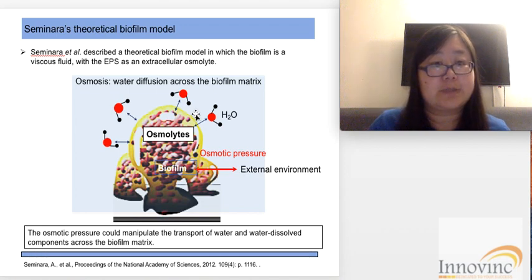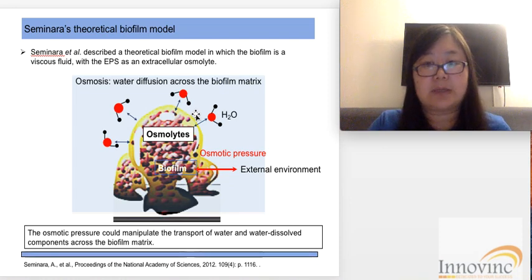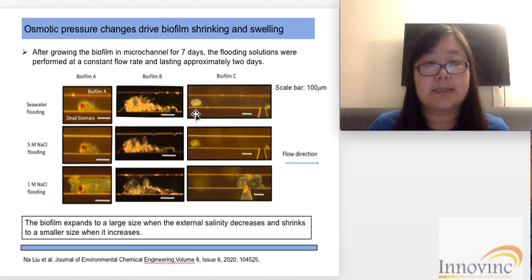So the transport of water, gas, and nutrients into the biofilm depends on this osmotic pressure. According to this, osmotic pressure could manipulate the transport of water and water-dissolved compounds across the matrix. So we can create osmotic pressure between the biofilm and the external fluid.